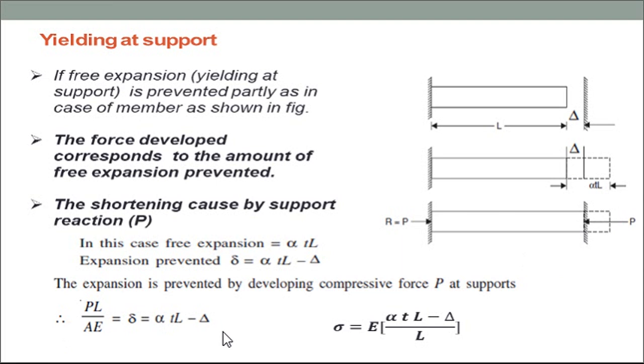So if you simplify this equation, you will get the final sigma value again. Sigma is nothing but P upon A, load divided by cross-sectional area of the bar.